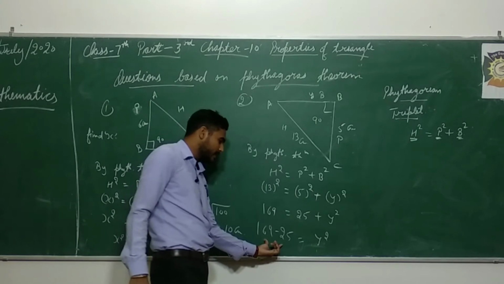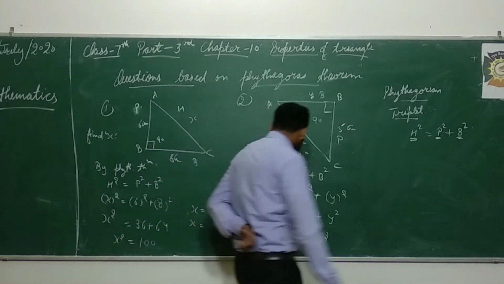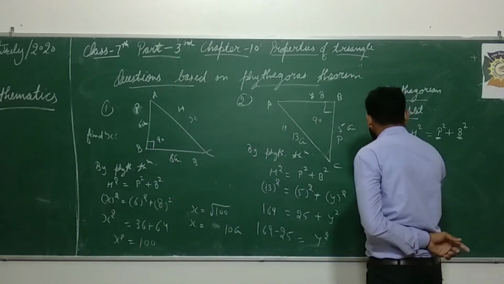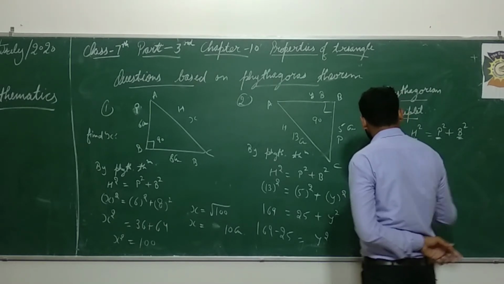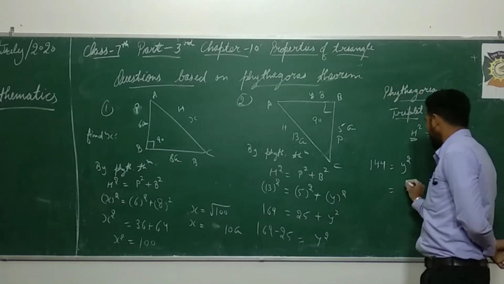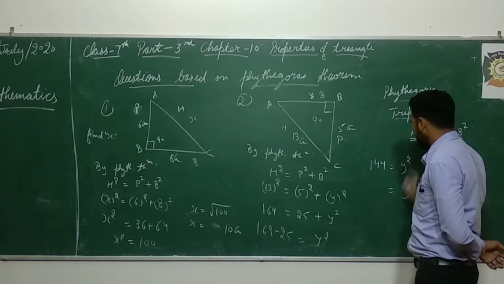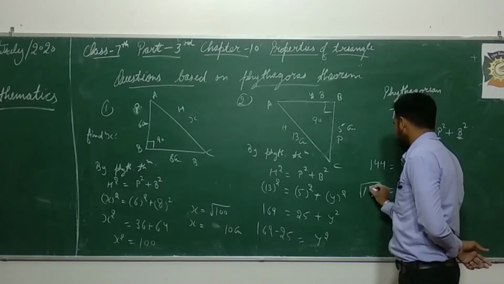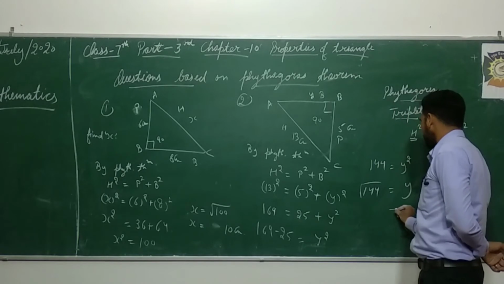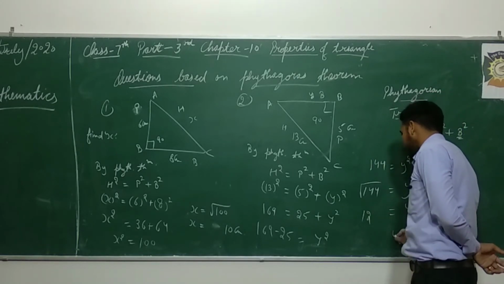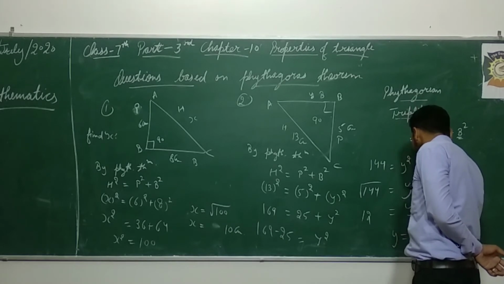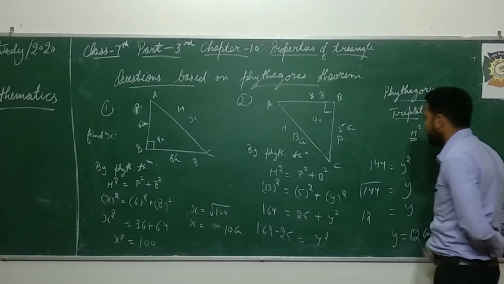Subtracting 25 from 169, we get 144 equal to y square. Now if we remove the square, it becomes the square root on the other side, and 144 is the square of 12. It means y is equal to 12 centimeter.